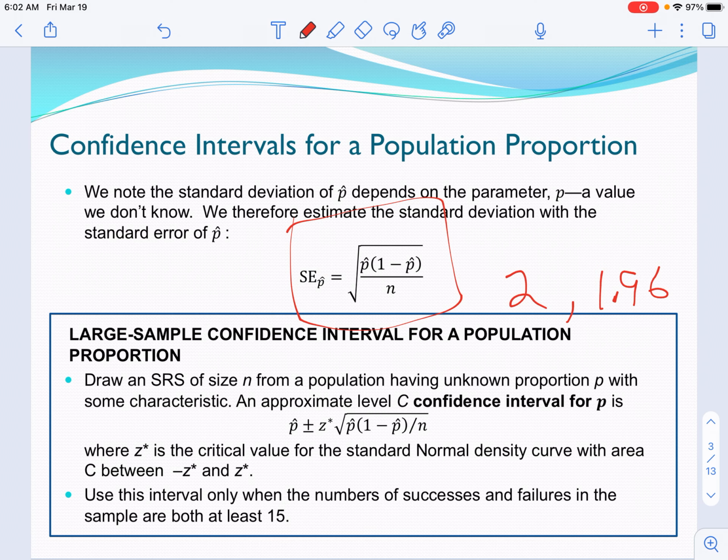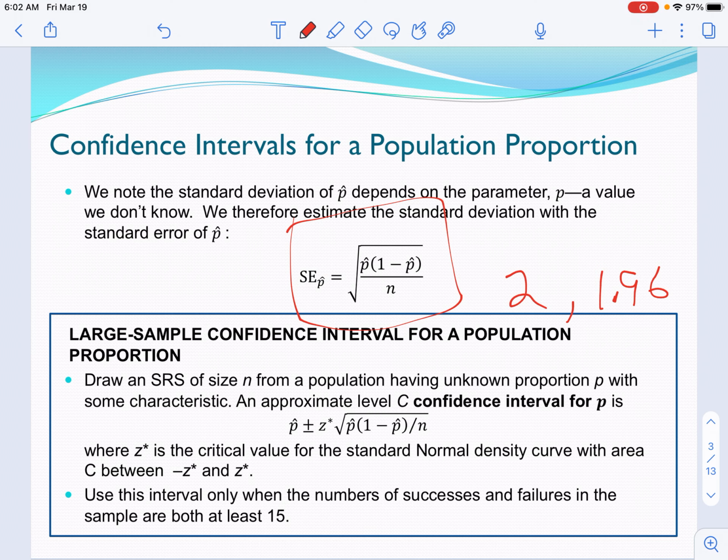Now, again, because these are z procedures rather than t procedures, we need to have a little bit more substantial sample size. We saw with t, we could get away with having a smaller sample. A couple days ago, we saw a sample that was just as small as 5. We can't have that with z procedures.